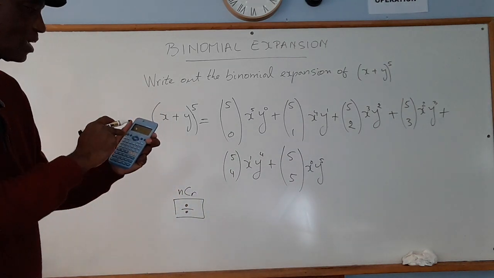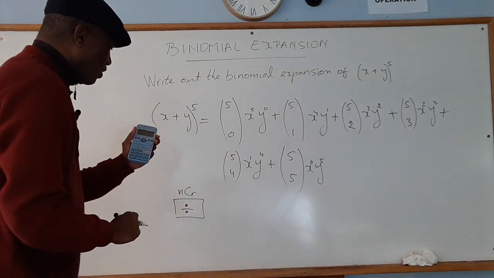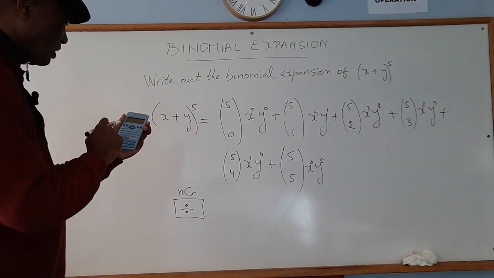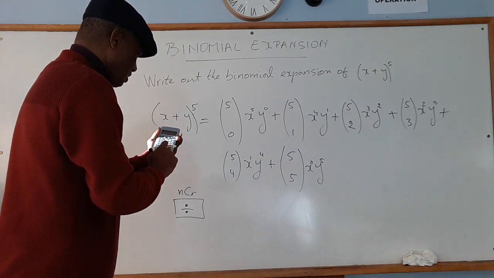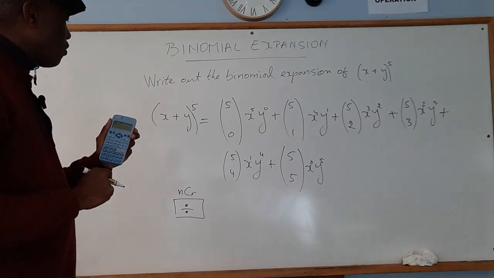So after pressing shift, I press the button here, nCr, and then I enter 0. This will give me 1. Press equal, then this gives me 1.